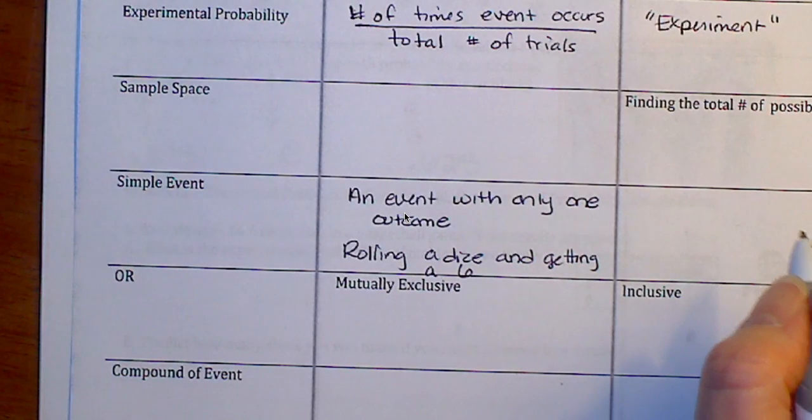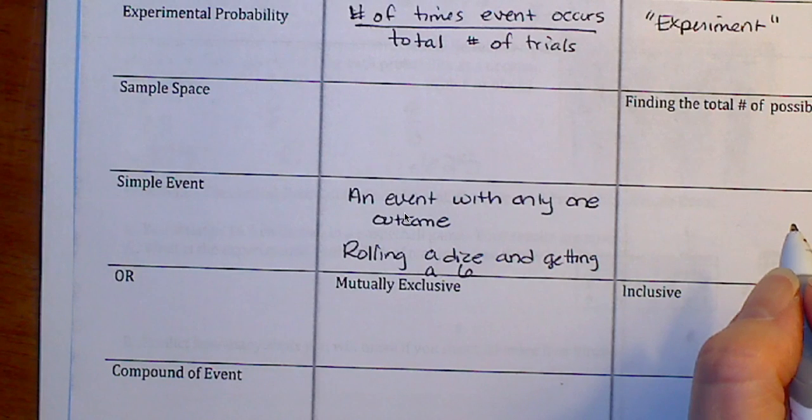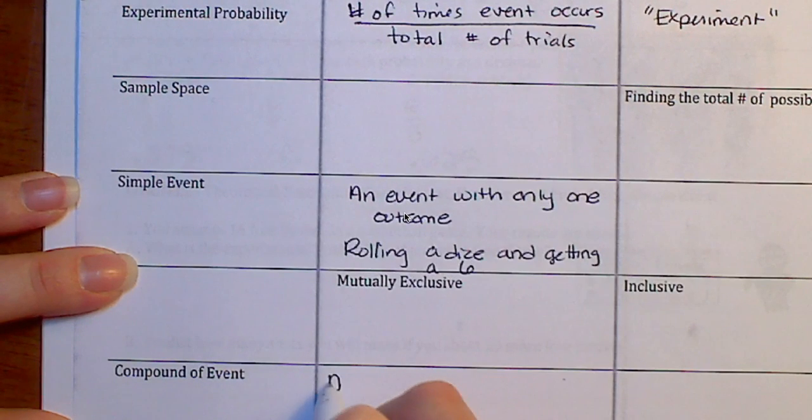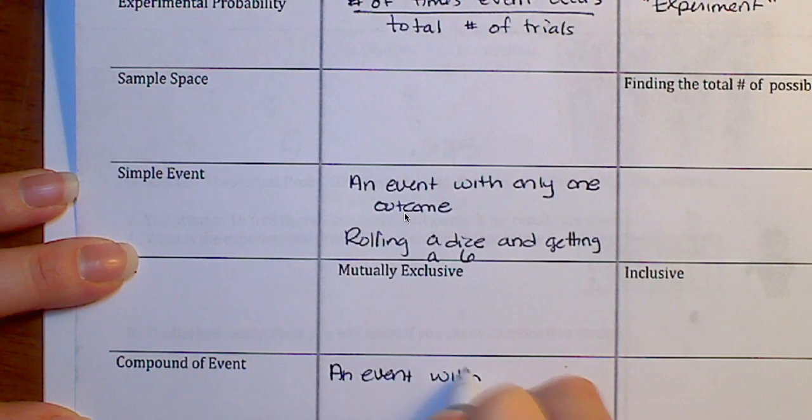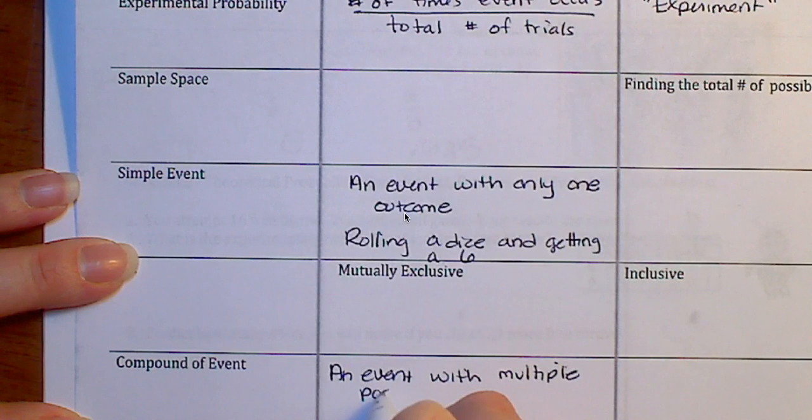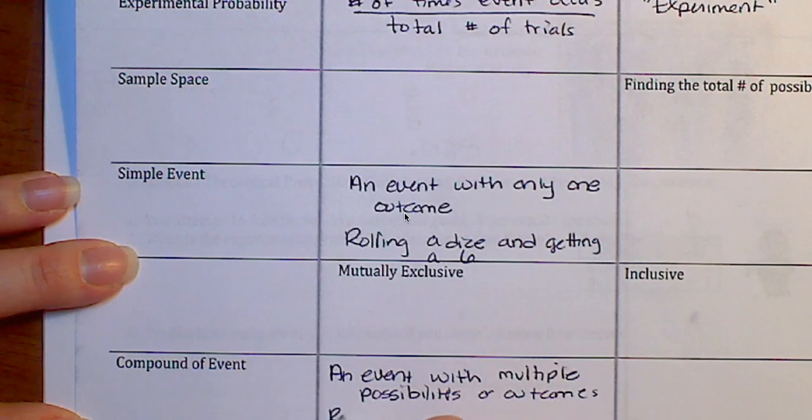A compound event would be the flip side of that. So an event with multiple possibilities or outcomes. And so an example of that would be rolling a die and getting an even number.